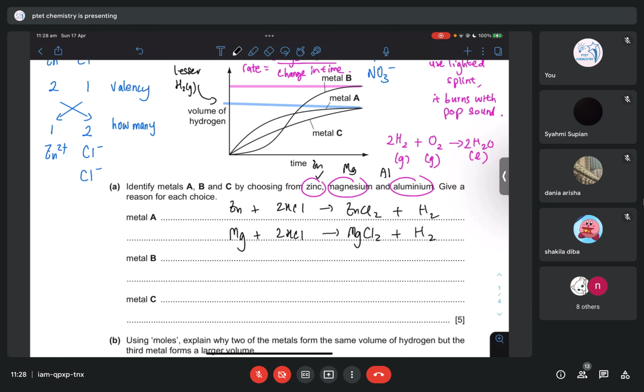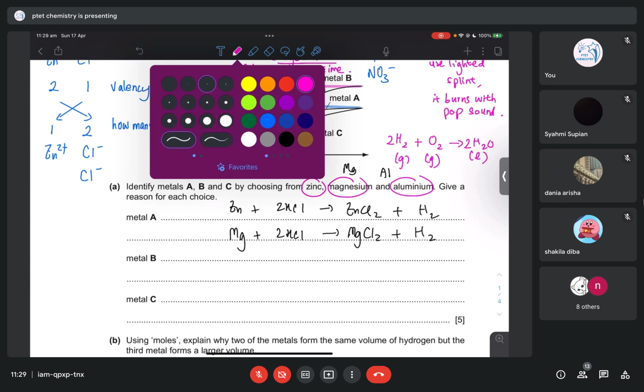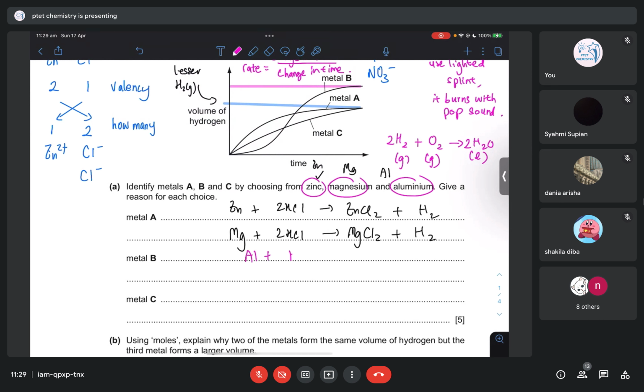And then when you have aluminium, it's going to follow a different ratio, because aluminium forms cations Al3+, Cl-, 3 and 1 is going to be your valency. When you do the crisscross, you're going to get 1 Al3+ balancing out the charges of 3 Cl-. You're going to get AlCl3 and H2.